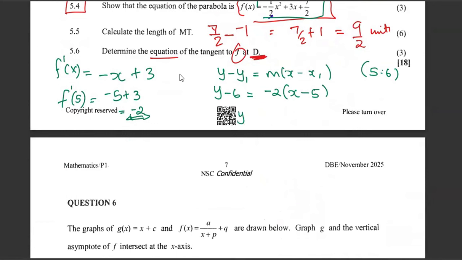Open up. That's going to be -2x, that's going to be 10. When this one comes that side, it's going to be +6. So the equation is y equals -2x plus 16. That is what I end up with for question number 5, and that brings us to the end of question number 5.